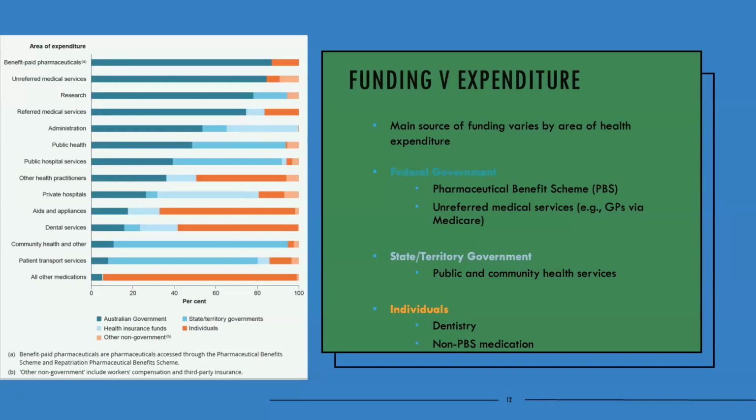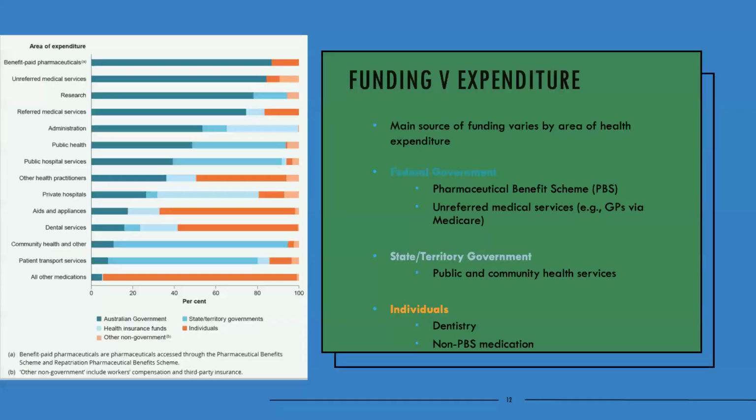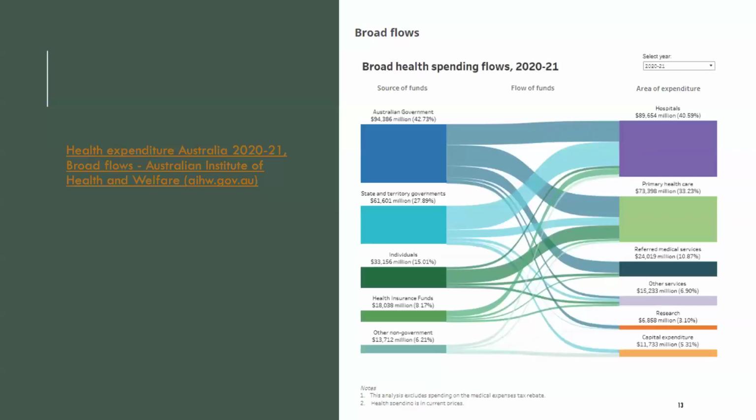Things like dentistry and non-PBS medications. Those would include things like drugs taken for recreational purposes, and anything like that. Of course, you might want to consider who spends more on those.